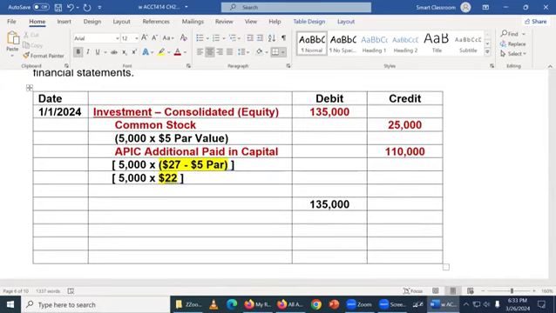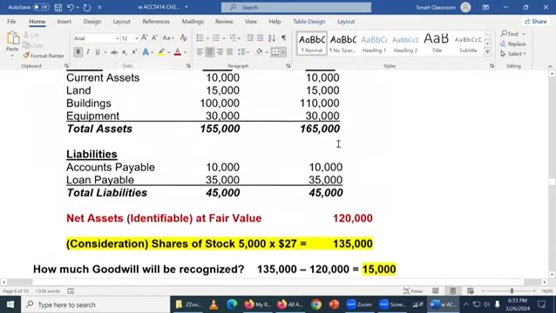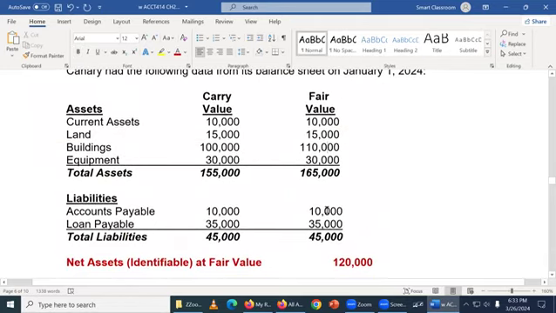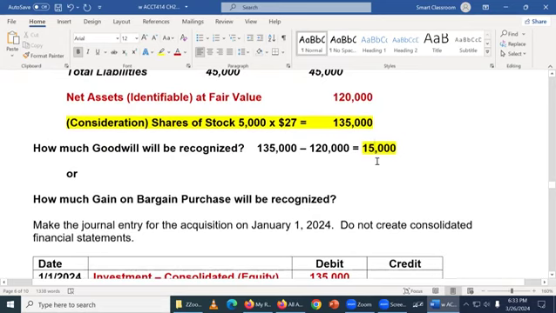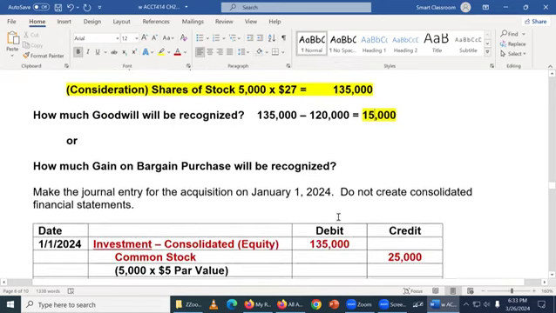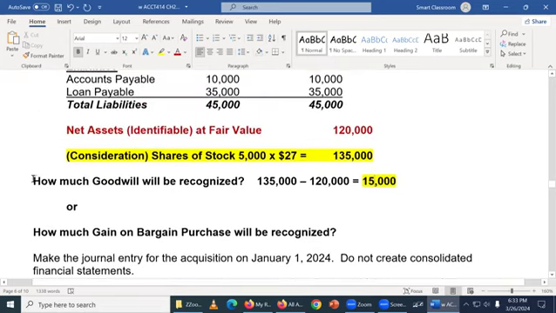Now remember though, that goodwill has the identifiable assets in there, but it also has this unidentified asset of goodwill. So those are both in that 135,000. So this is an asset.